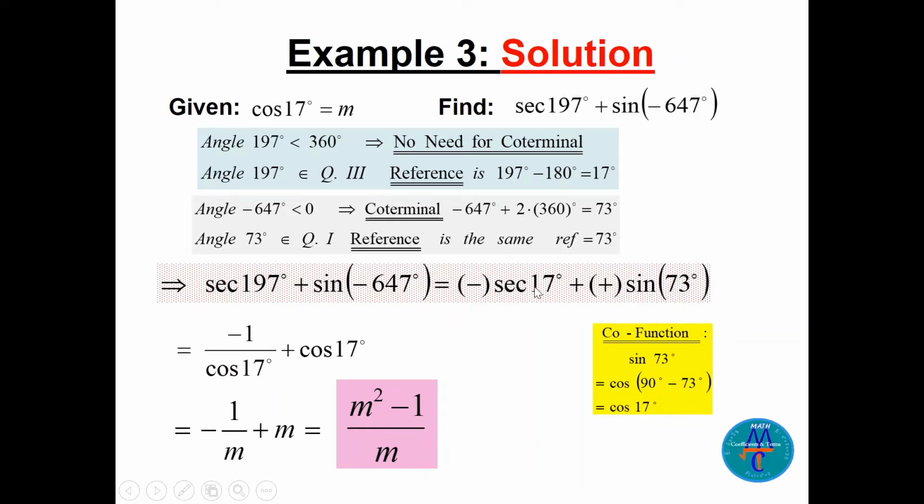Secant 17 by the reciprocal will be 1 over cosine 17 degrees. Sine 73, we can go to the cofunction identities. Sine 73 will be cosine of 90 minus 73 degrees, which is cosine 17. So sine 73 will be cosine 17, which is m, and this one is minus 1 over m. So when you add the fractions, you get (m squared minus 1) over m, which is the value required.